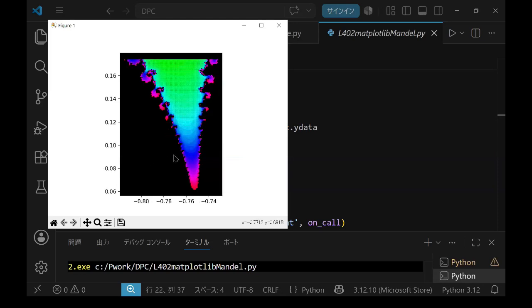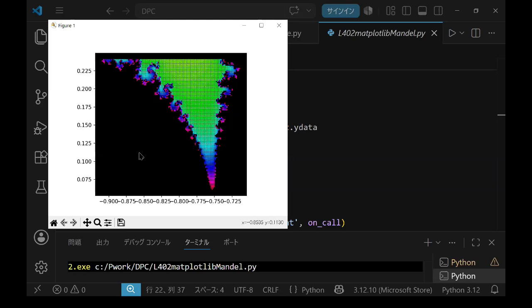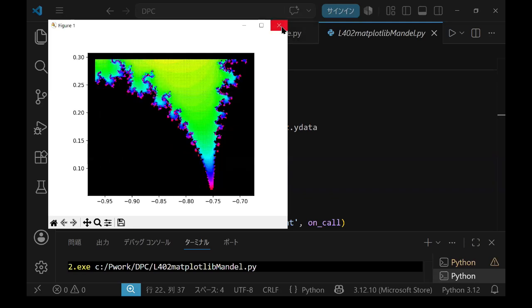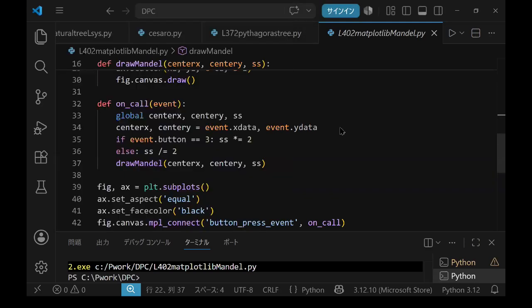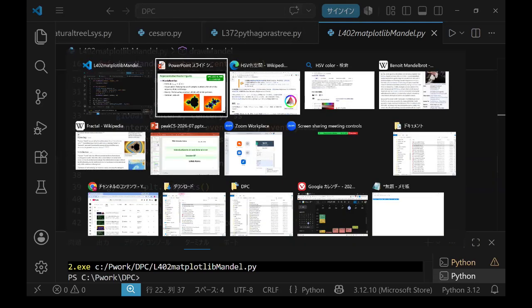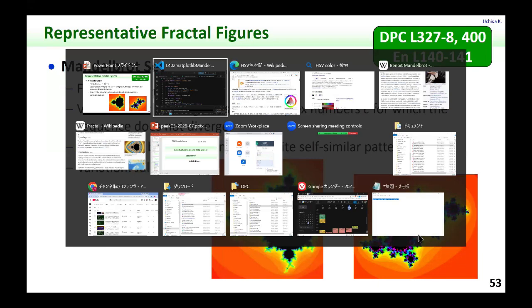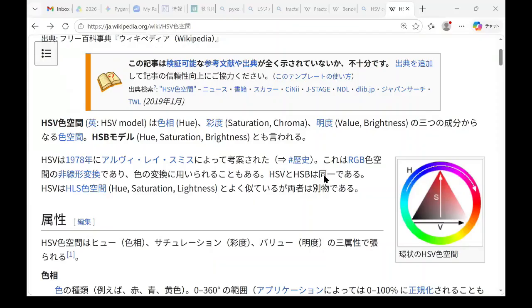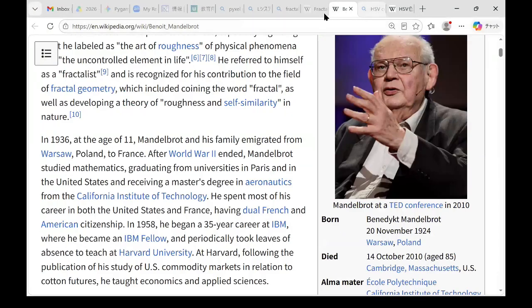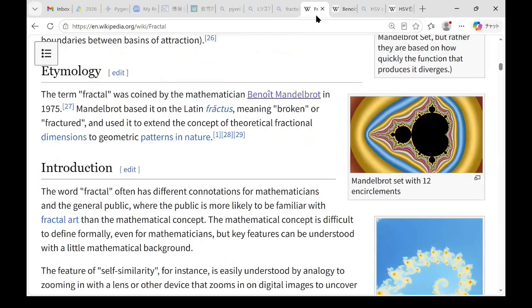Okay, if I have time, I will let you enjoy yourself. The variation is what we call the Julia set, which is a variation of the Mandelbrot set, which starts from any c, which gives variations of different shapes. Let me take a look at an example of the Mandelbrot set.